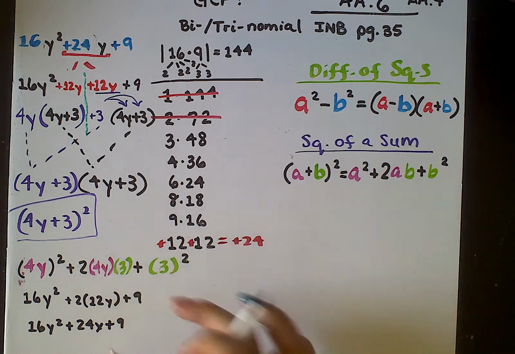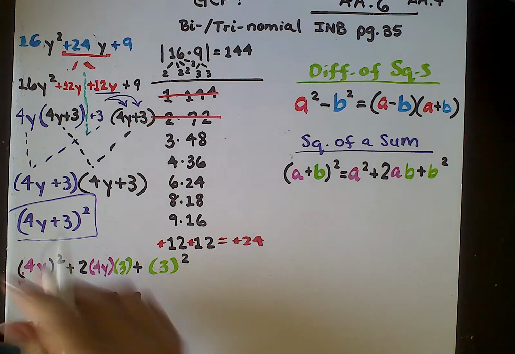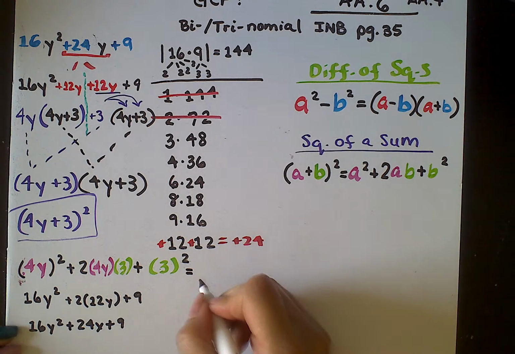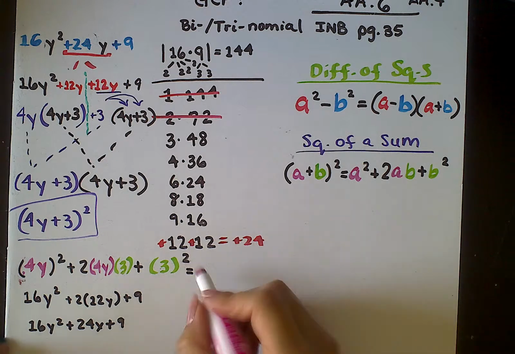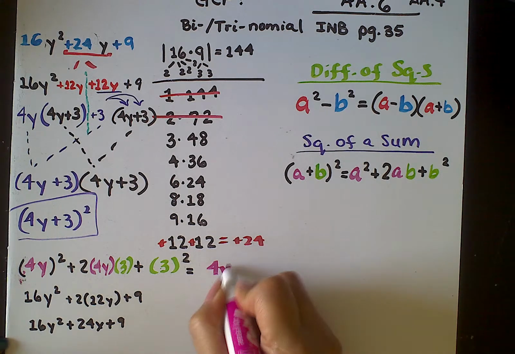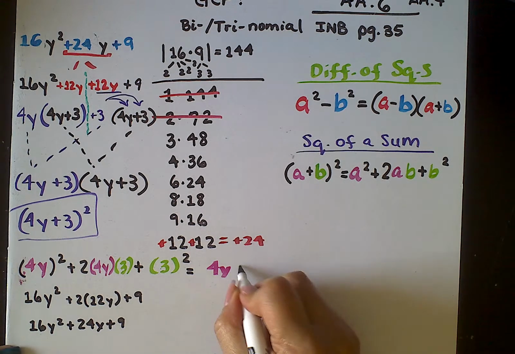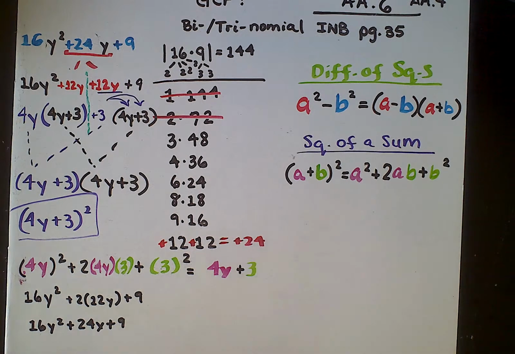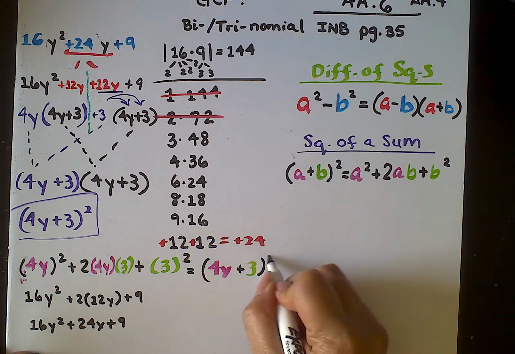Now you'll notice this is very little work. So once I see that, yes, it gives me the exact same thing, I could rewrite it as 4y plus 3, and then square it.